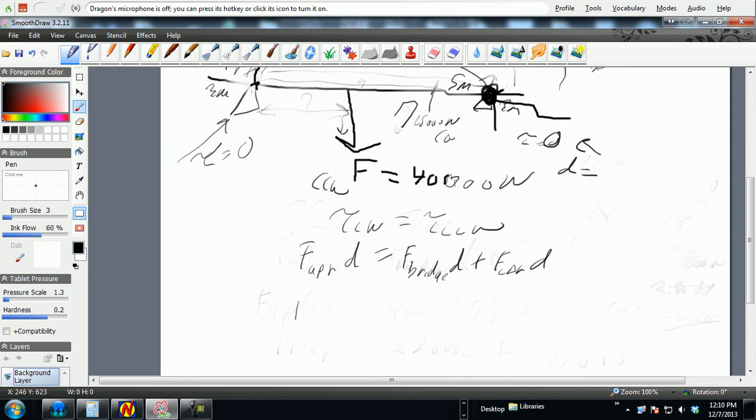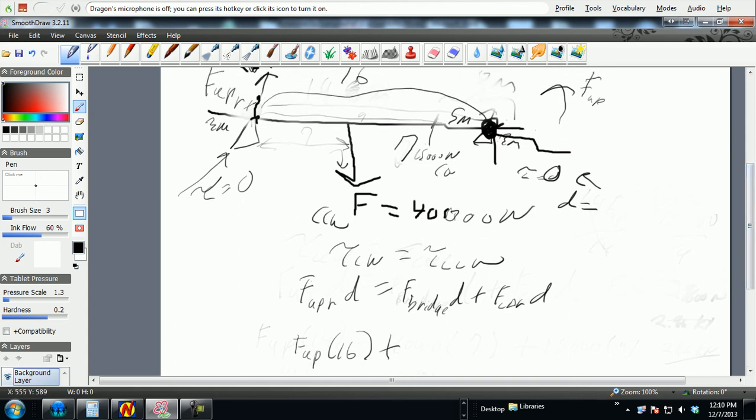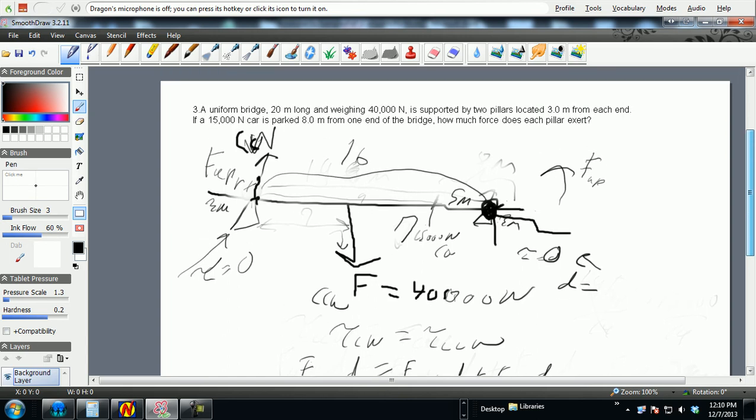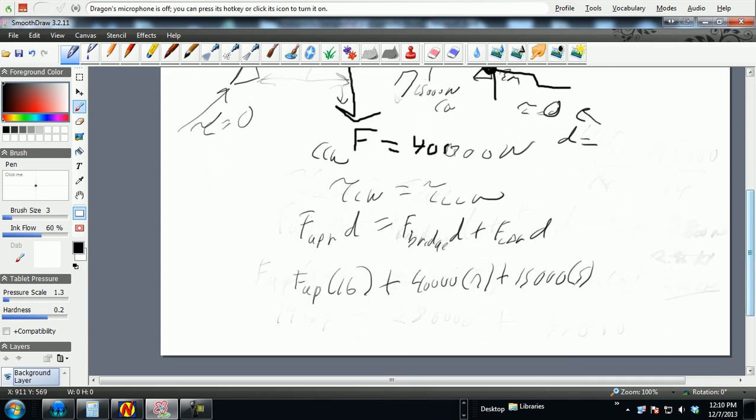F up, his distance was 16; the bridge was 10 minus 3, so 7, 40,000 times 7, plus the car was 15,000 times 5. Let me check to make sure the car weight was 15,000. The car weight was 15,000 newtons.